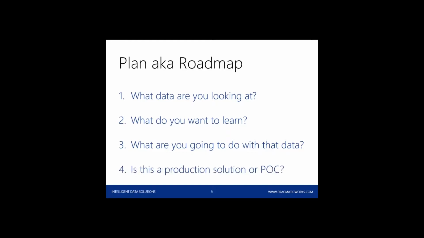And that segues into time and resources: is this a production solution or a POC, a proof of concept? That's a very important question. Obviously, you're not going to use the same investment for a POC as you would for a production solution.